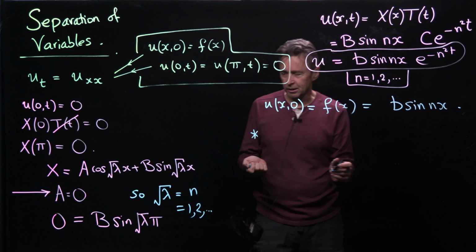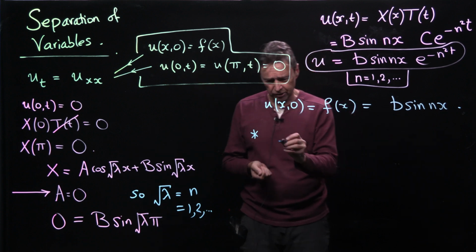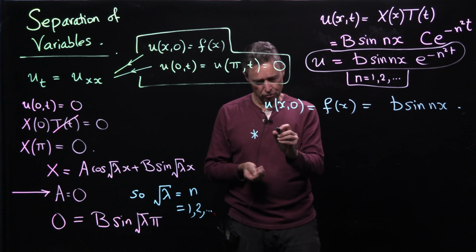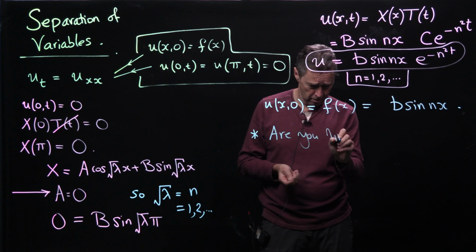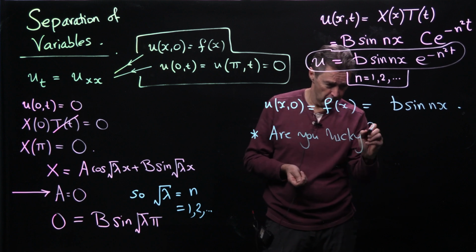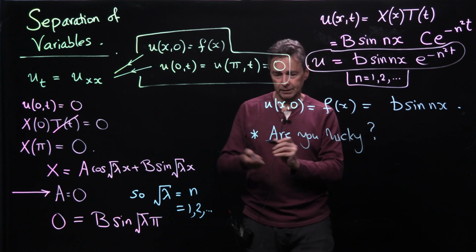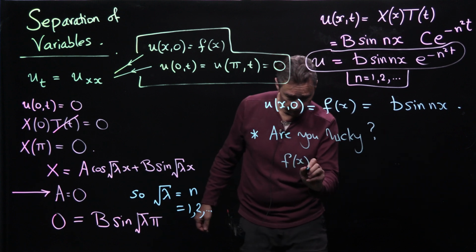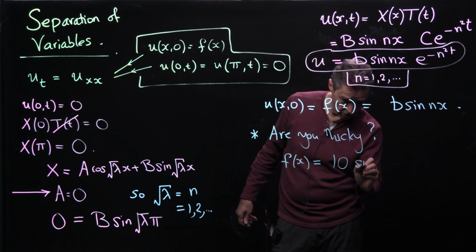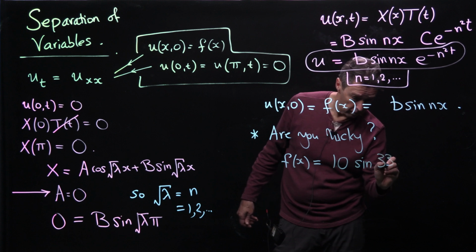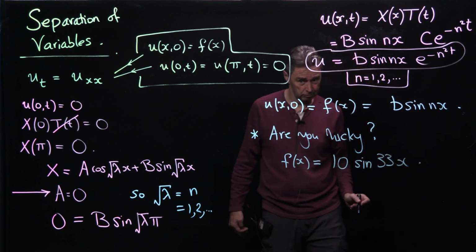One possibility is you come along and say to your initial condition, are you lucky, initial condition? What do I mean by that? Well, let's say that f of x is equal to 10, some number, sine 33x.